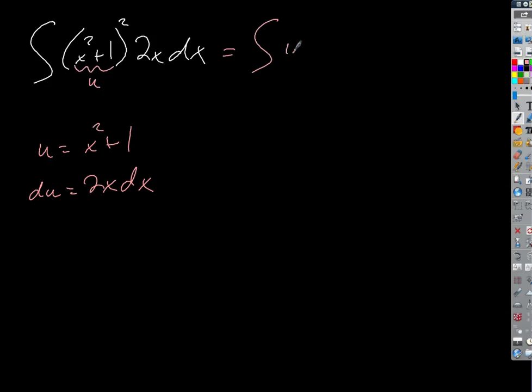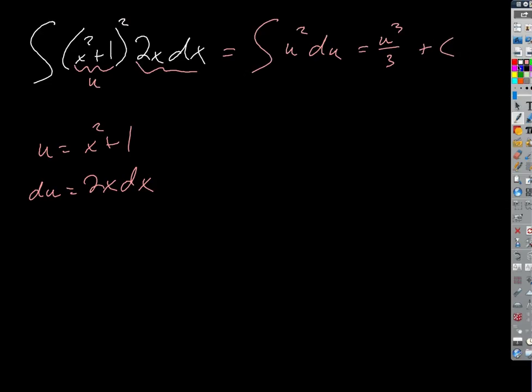So I'd get u squared times du, right? Look at that. That's like magic, right? Now, what's the answer to that one? That's easy. Say it again, u cubed over 3 plus c.